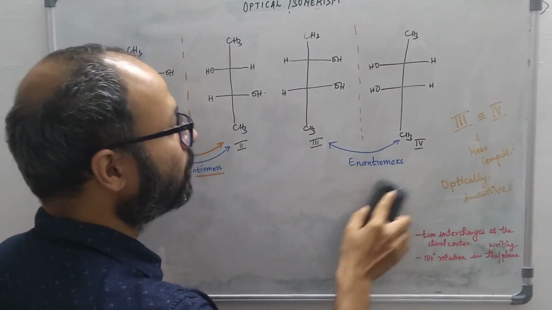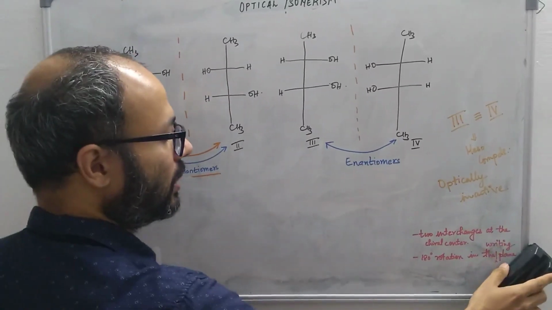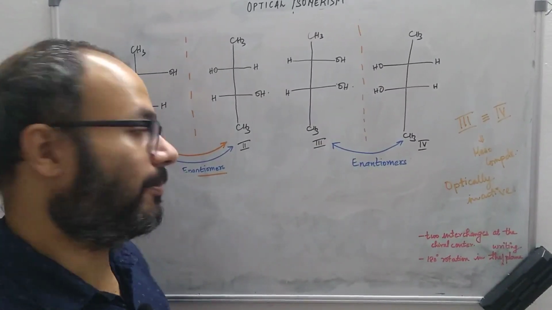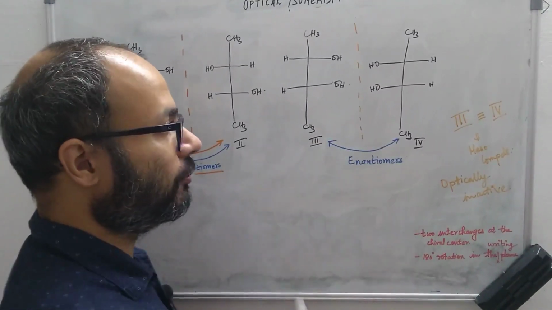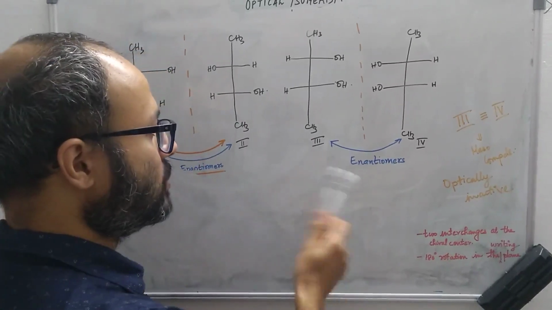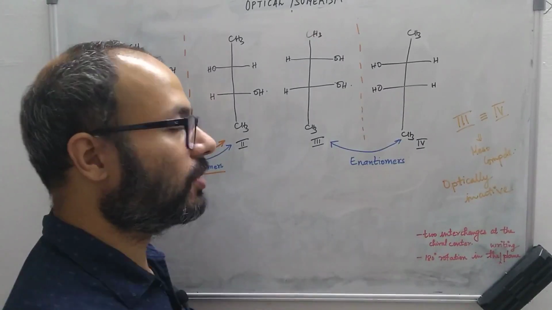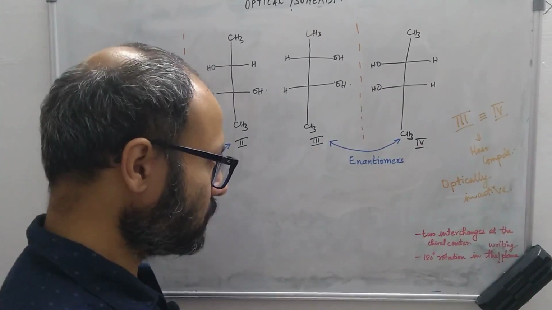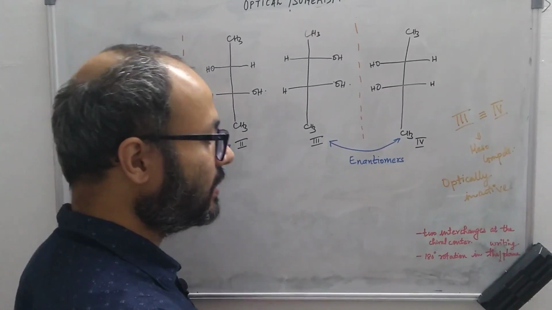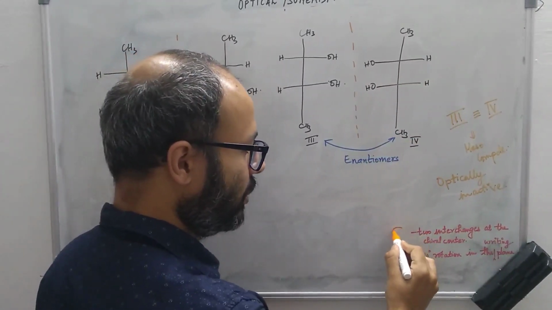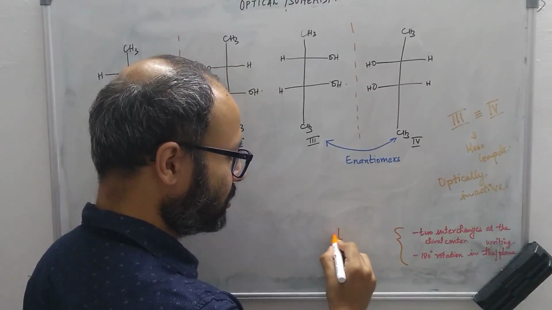Now let us come to these two particular compounds, that is 3 and 4. As we know, they are both enantiomers, that means they are mirror images of each other. Now, I told you in the previous class, in the case of the Fischer formula, you can carry out two operations.